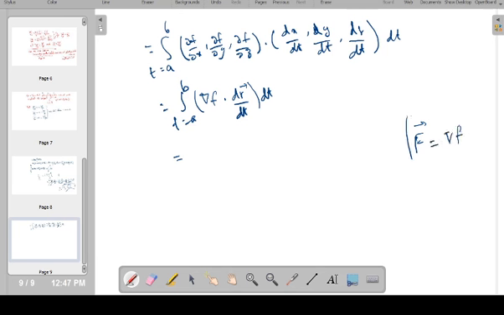When you use vector fields, you write F equal to del f, where F is M i plus N j plus P k. This is for vector fields.